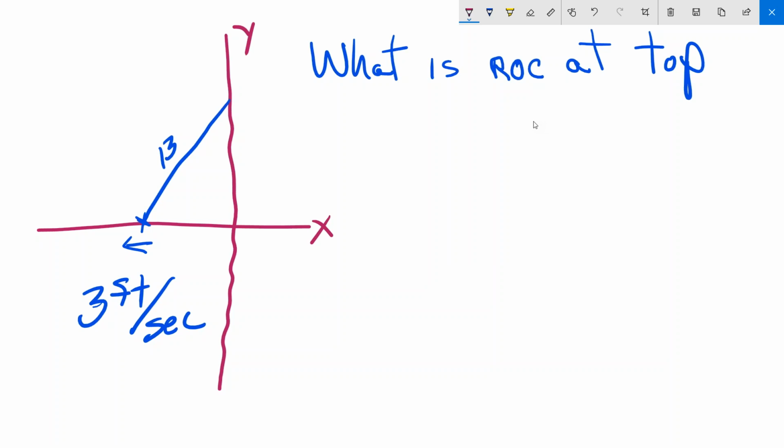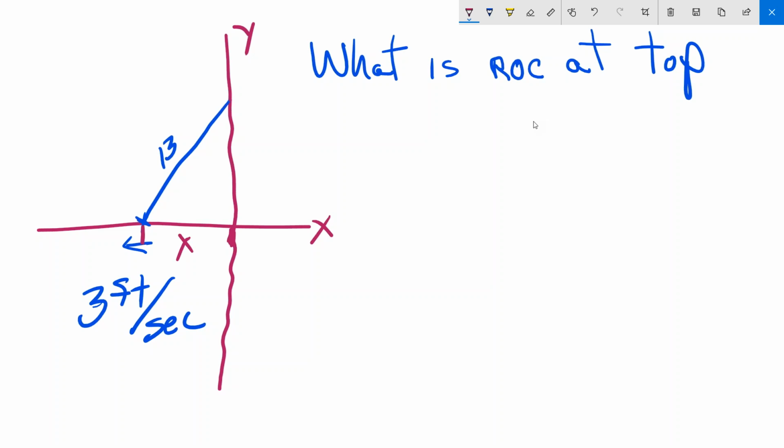What's this distance right here? It's x. There is another part to this problem, but that distance is x.